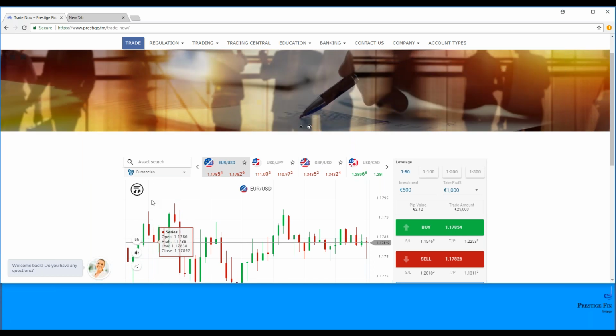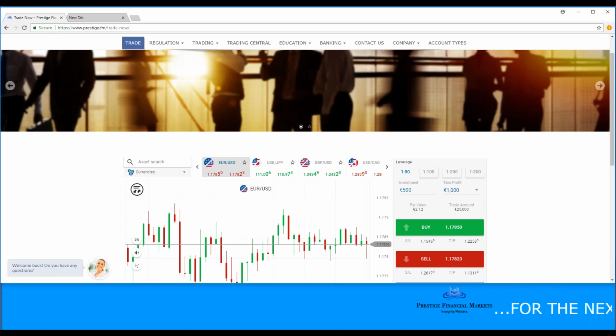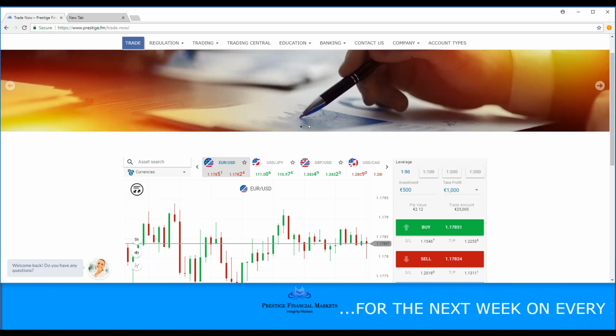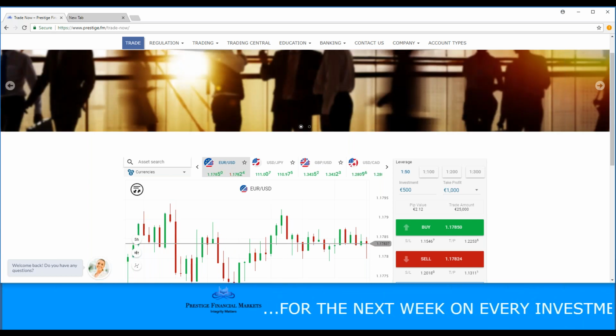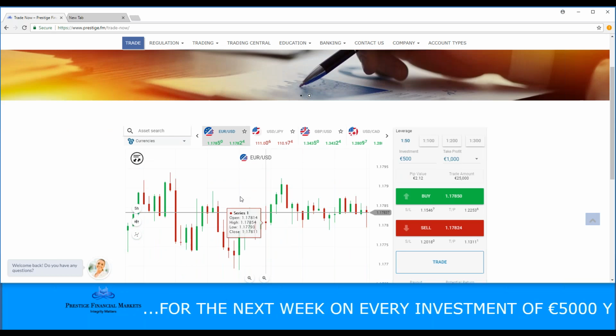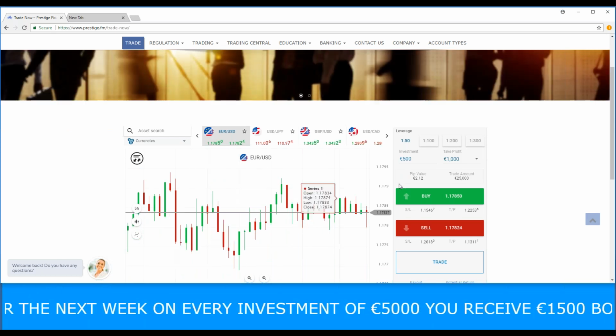Under currencies, you are trading currency pairs such as EUR/USD. That means euro against US dollar. You can see here our graphs, which are pretty well designed.